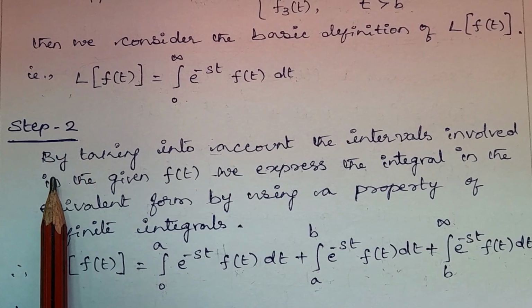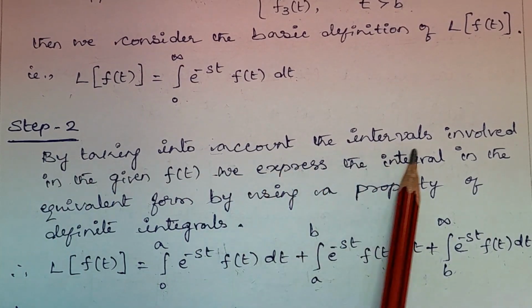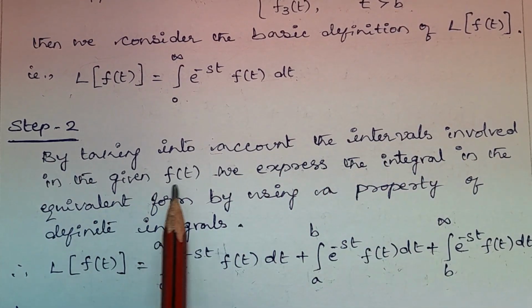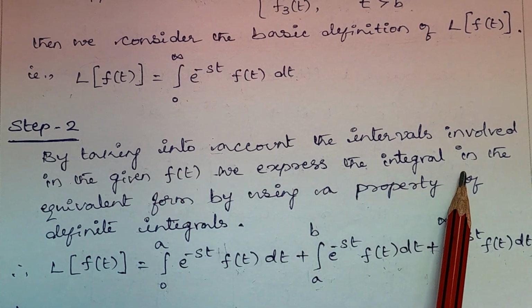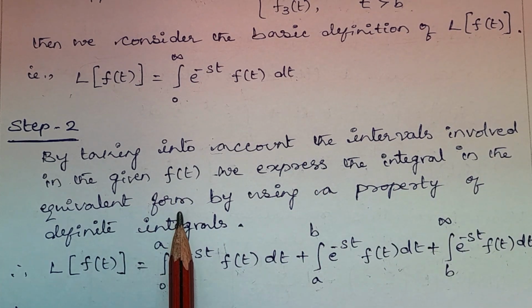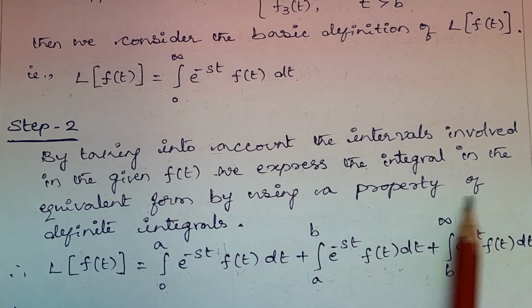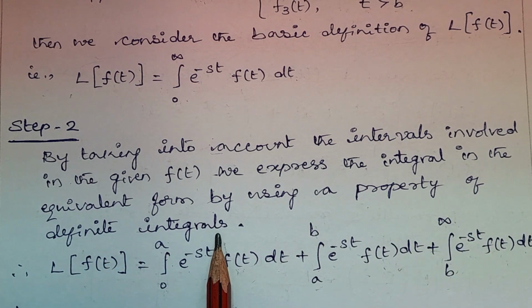Step 2. By taking into account the intervals involved in the given f of t, we express the integral in the equivalent form by using a property of definite integrals.